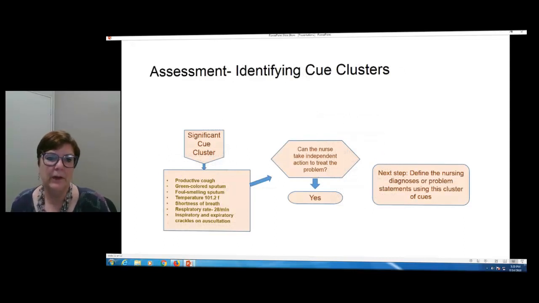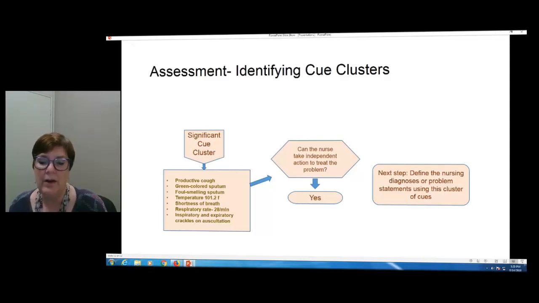So our significant cue cluster, we just said, was the productive cough, the green colored sputum, the foul smelling sputum, the temperature elevation, the shortness of breath, the increased respiratory rate, and the crackles. Okay, those are all your significant cues that are clustered together. So, are there things about these cues that the nurse can take independent action to treat?